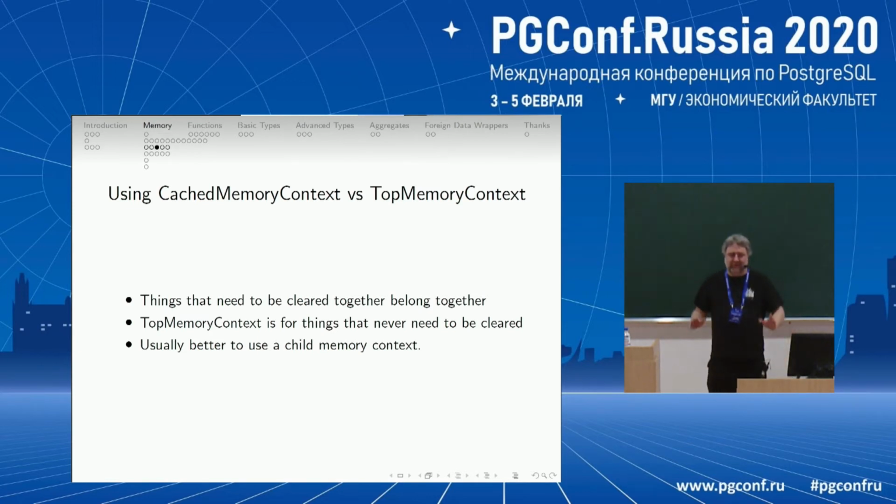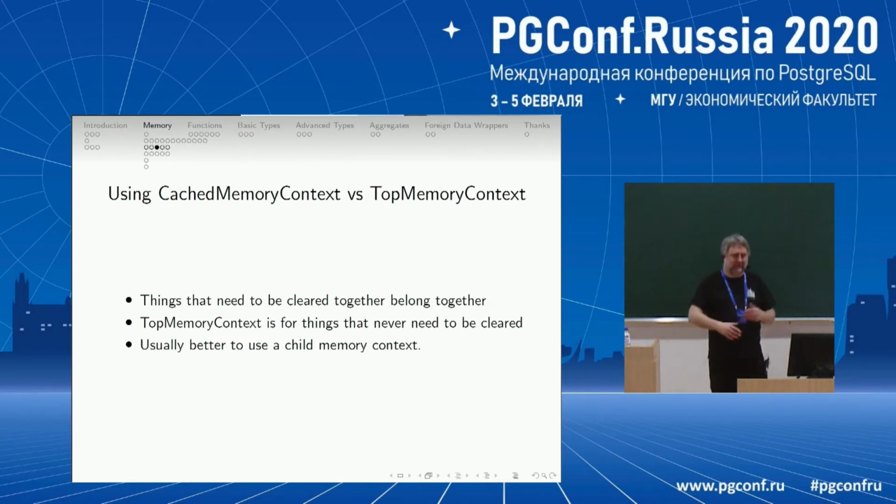So the second thing I want to talk about here is use of cache memory context versus top memory context. Basic rule is things that need to be cleared together belong together. If you're never going to clear something and something should never be cleared, then sure, put it in top memory context.